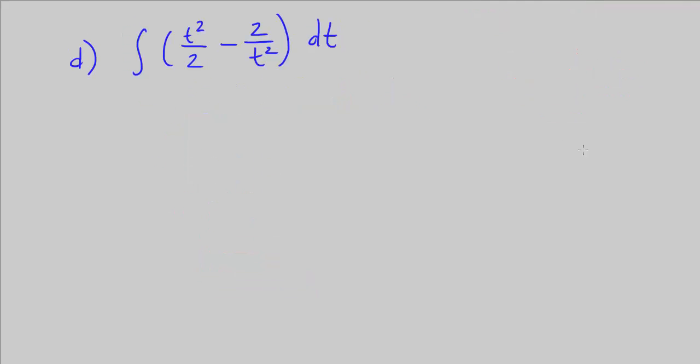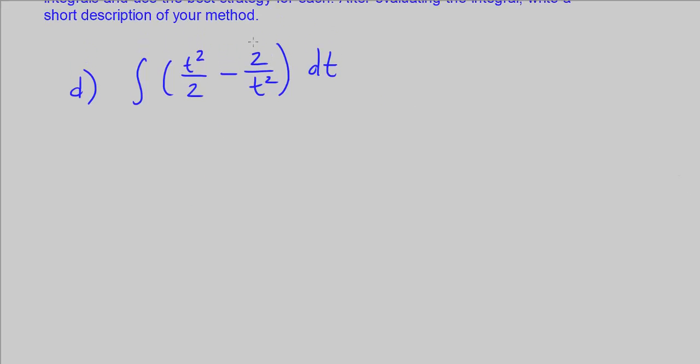Here we have the integral of t squared over 2 minus 2 over t squared dt. So what I like to do here is, well, I would just use the reverse of the power rule. But first I want to make this t squared over 2 minus 2t to the power of negative 2.